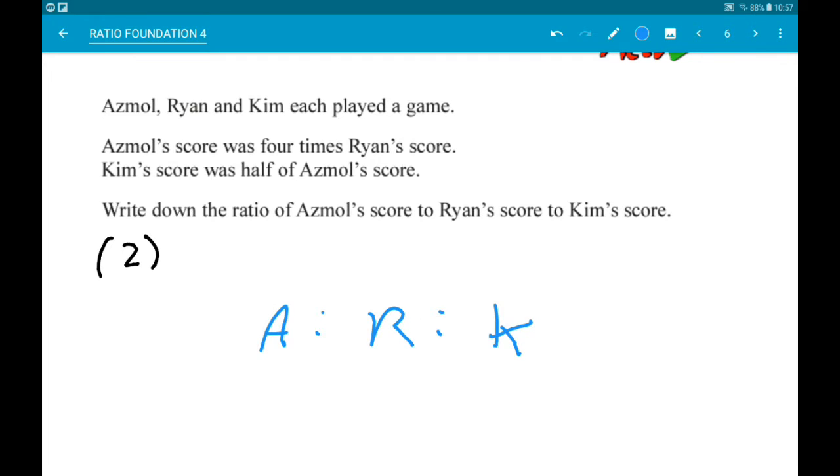So, let's say Ryan scored 1. Asmal scored 4 times that, so Asmal scored 4. Kim scored half of Asmal, so half of 4 is 2. And that's it.